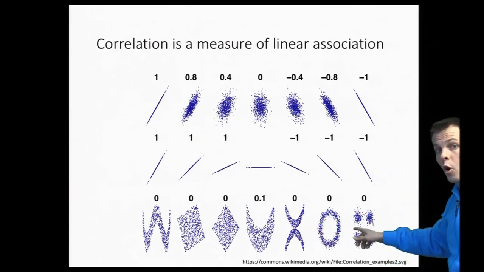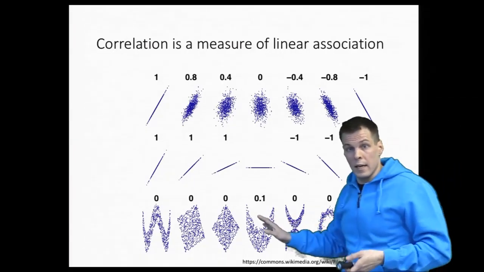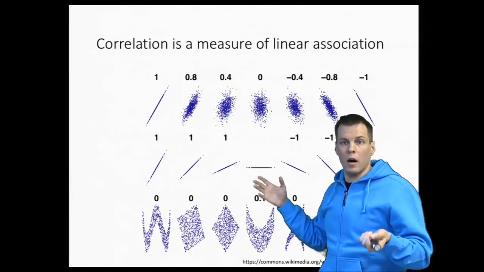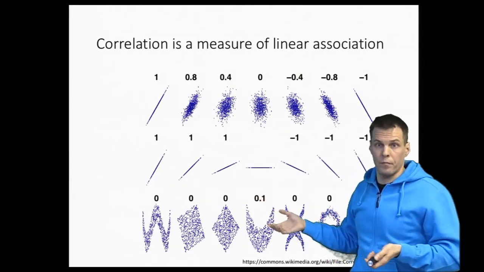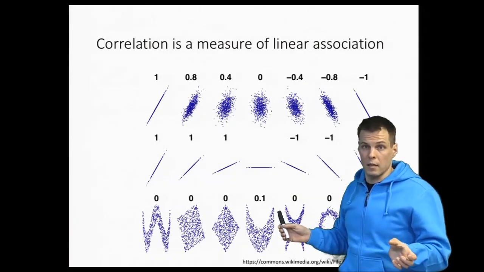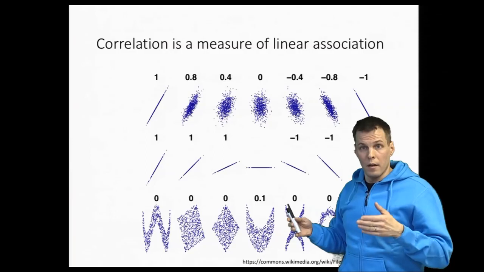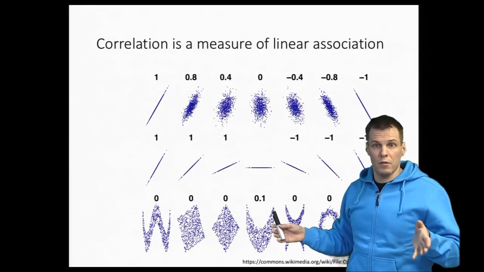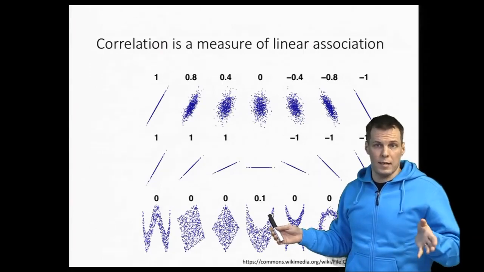So correlation only tells us if we can describe the data with a line. There could be some other kind of relationship as well. So saying that two variables are uncorrelated doesn't mean that they are not related statistically. It just means that the relationship cannot be expressed as a line.